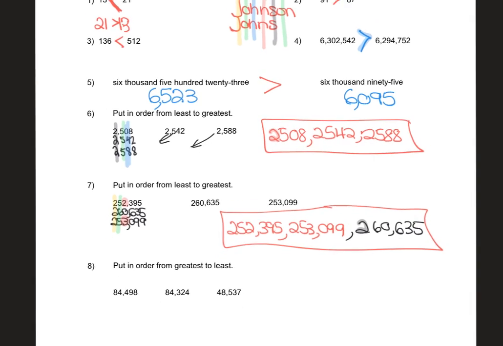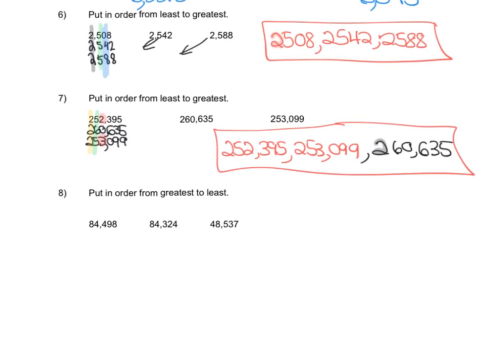Okay. And then for my last one, I have 84,324, and 48,537. A lot of these are very close numbers, so you just have to be really, really careful with transposing numbers as well. All right, so we have 8, 8, and 4. And be careful, because look what they did here too. Put in order from greatest to least.